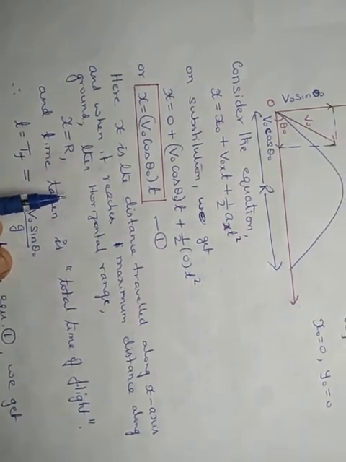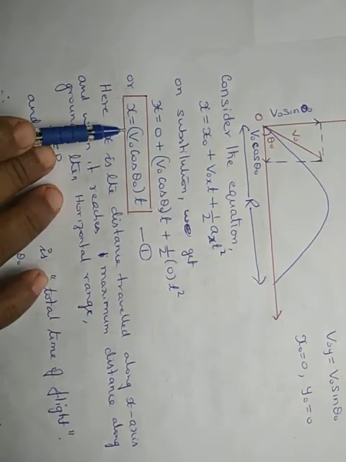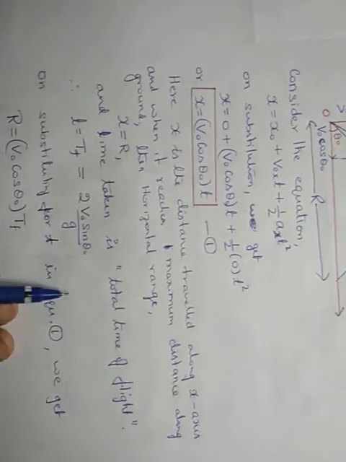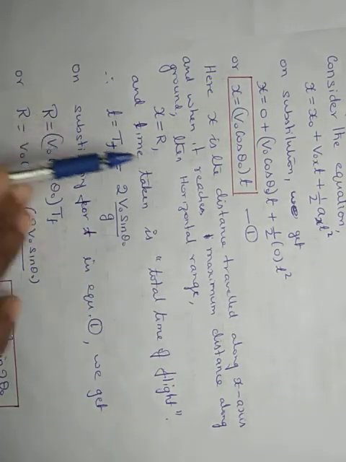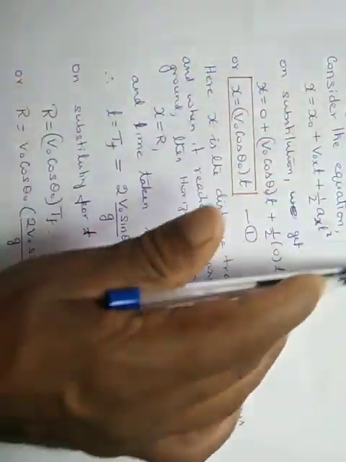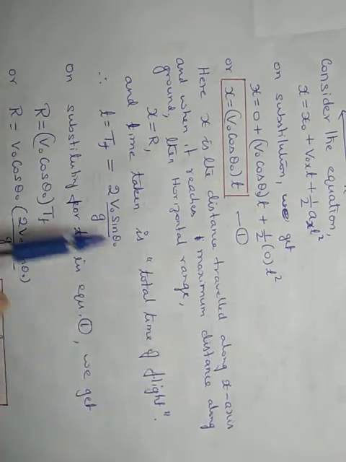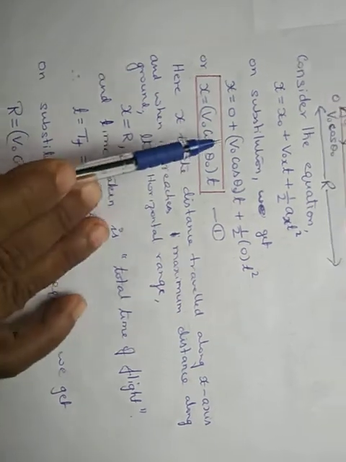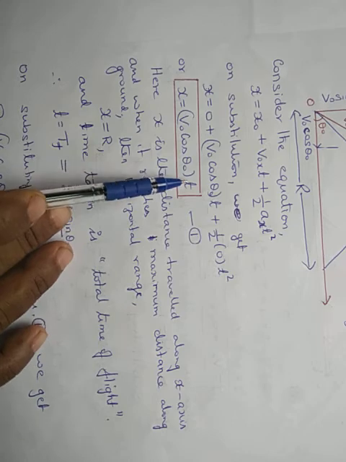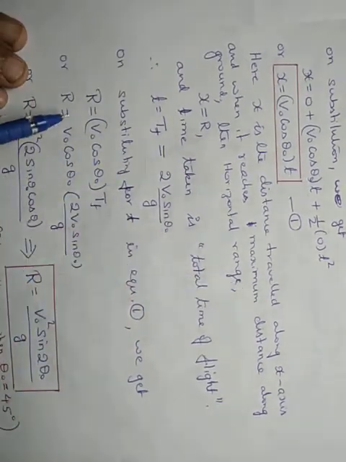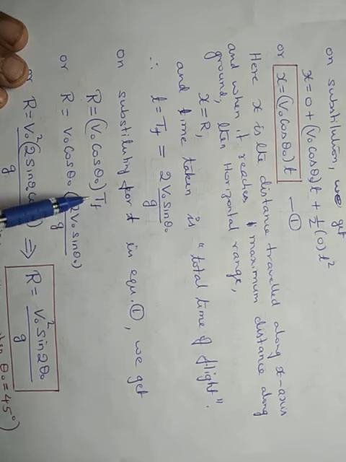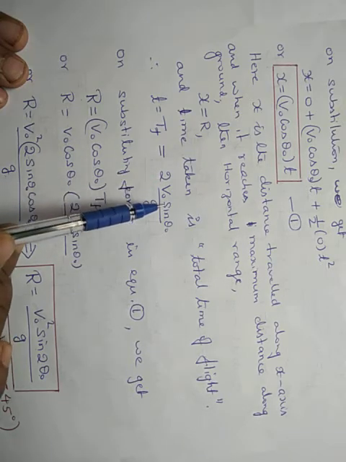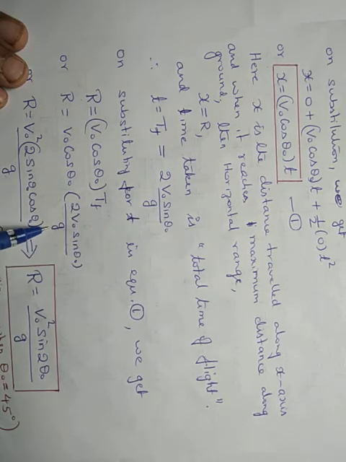Now you can write this equation like this, because what is x? That is the range R. What is t? That is the total time taken, that is Tf. You can write R equal to V naught cos theta naught into Tf. What is Tf? Total time of flight. You can write it as 2 V naught sin theta naught by g.